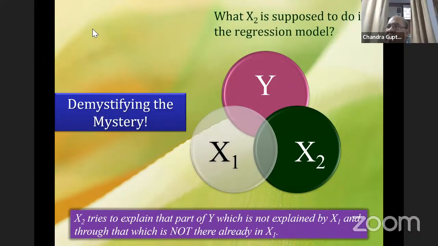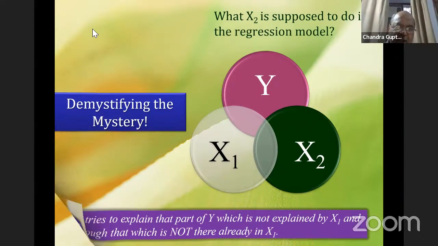So the moment you add x2, x2 will try to explain that part of y which is not explained by x1. So the unexplained part of y, and that part of x2 which is not common with x1, will explain y.